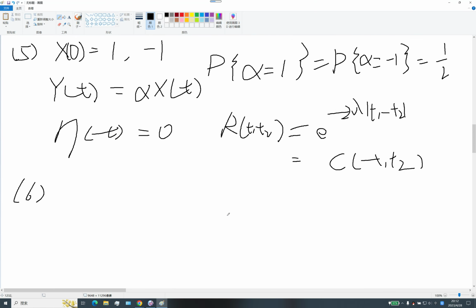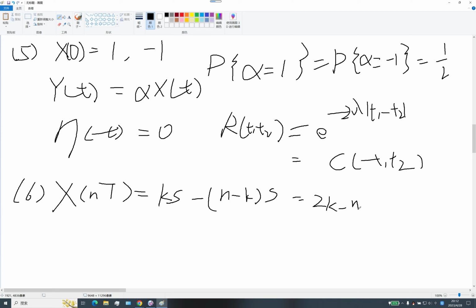Random walk is that x(nt) equals ks minus (n minus k)s, which equals (2k minus n)s.